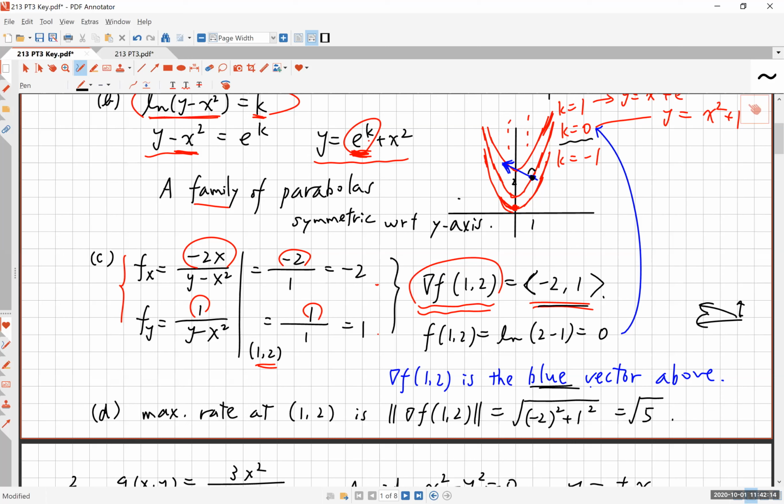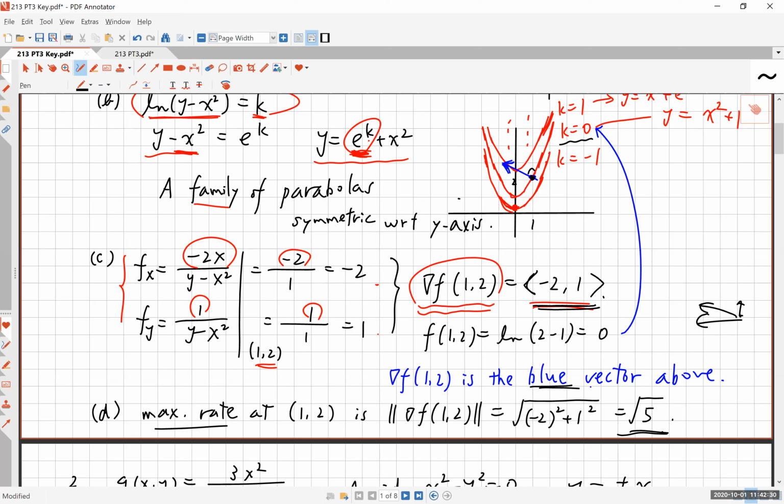All right, and then finally, part D, what is the maximum rate of change at (1, 2)? Remember, the maximum rate of change is the magnitude of that gradient. So all you have to do is find out how long this is, and of course the length is the square root of 5.